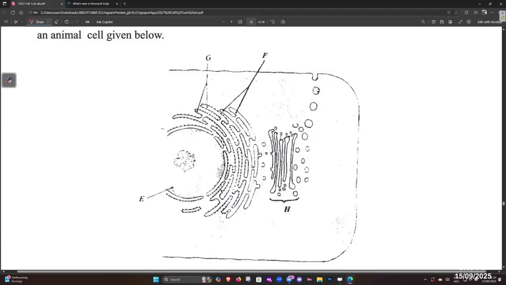That's good, but you write the full term: rough endoplasmic reticulum. In the A-level examination, no short forms. Don't write RER, just write rough endoplasmic reticulum. Some years they have not given marks for writing RER.